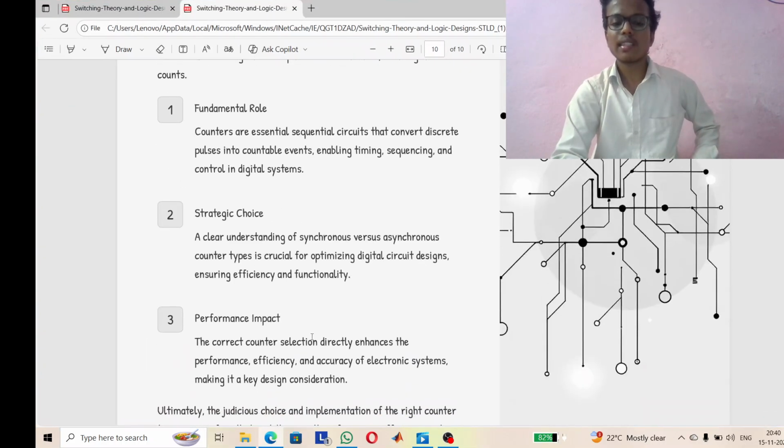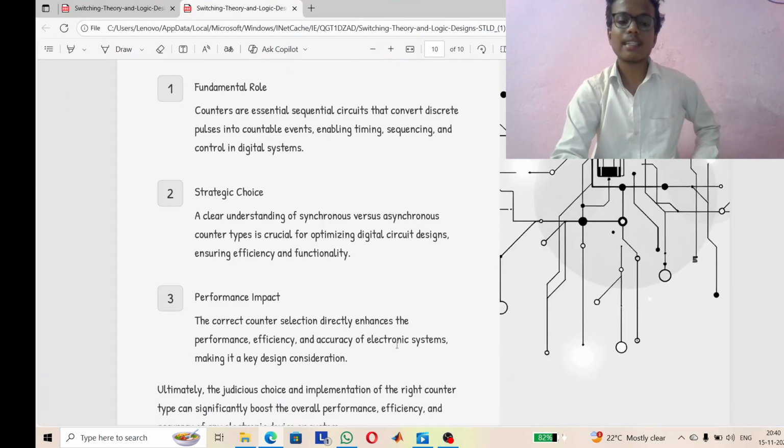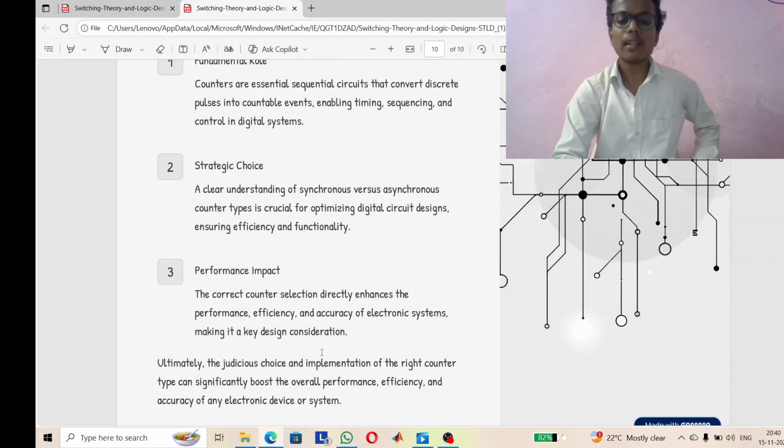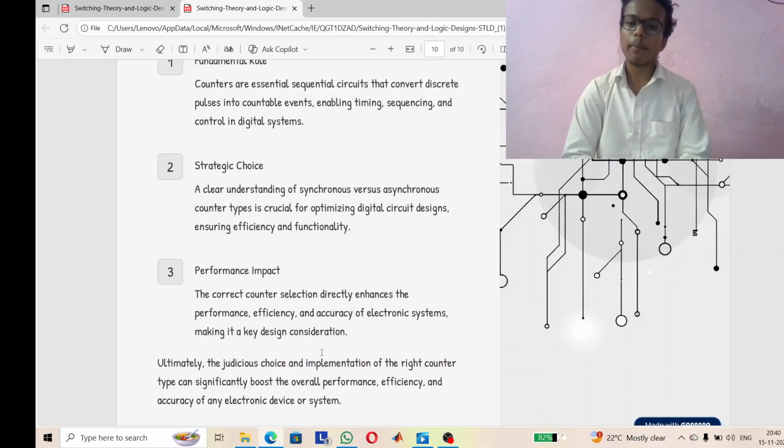The correct counter selection directly enhances the performance, efficiency, and accuracy of electronic systems, making it a key decision. Ultimately, the judicious choice and implementation of the right counter type can significantly boost the overall performance, efficiency, and accuracy of an electronic device or system.